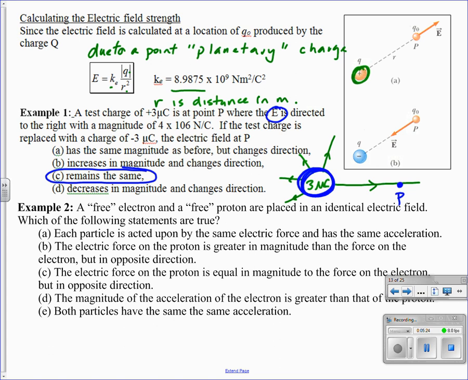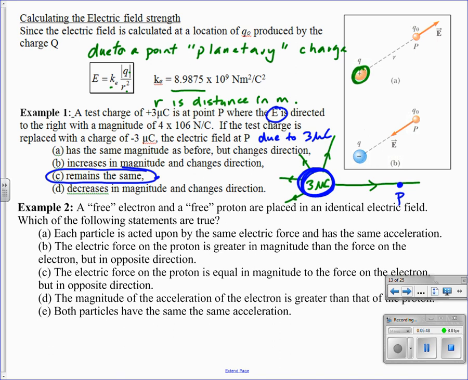Just like the gravitational field due to the Earth doesn't change when you put a different object near the Earth. So I could clarify this just a little bit. The electric field at P due to the positive 3 microcoulombs remains the same.